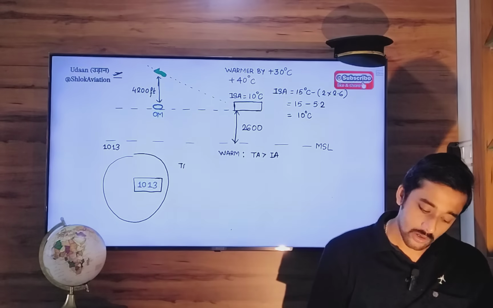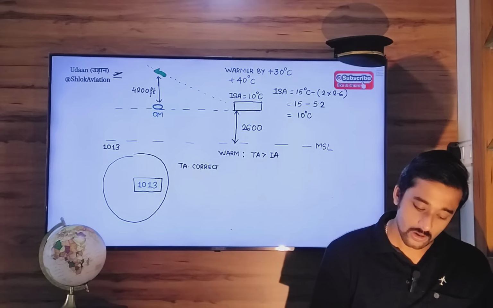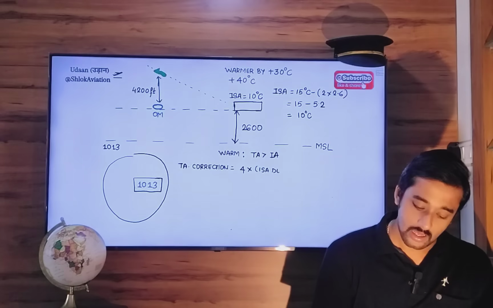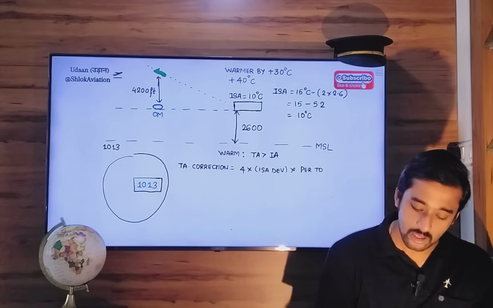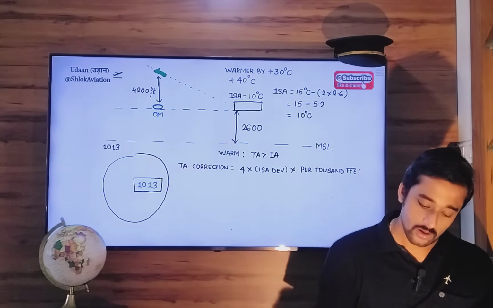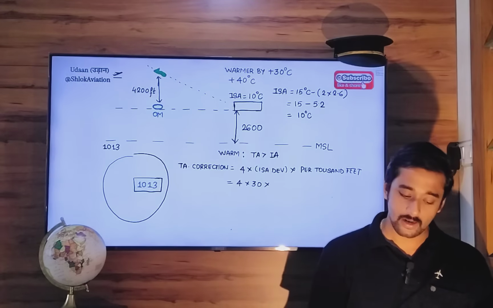The true altitude correction is equal to 4 into ISA deviation per thousand feet. So 4 into plus 30, per thousand feet.